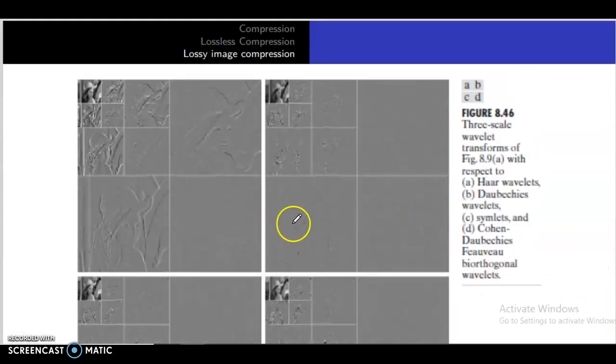Here, figures A, B, C, D show the three-scale wavelet transform with respect to Haar wavelets, Daubechies wavelets, symlets, and Cohen-Daubechies-Feauveau biorthogonal wavelets.